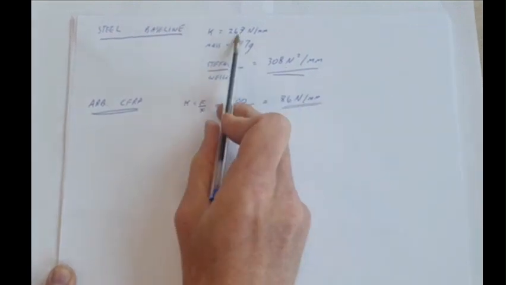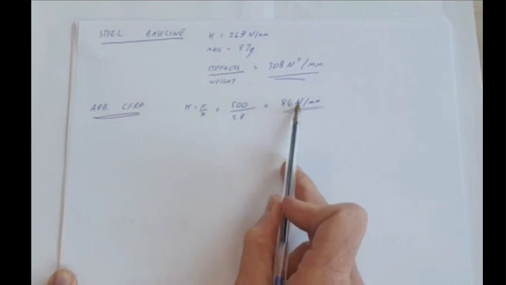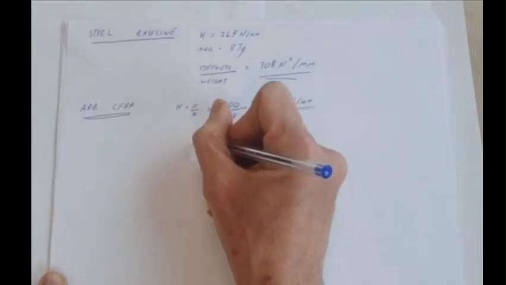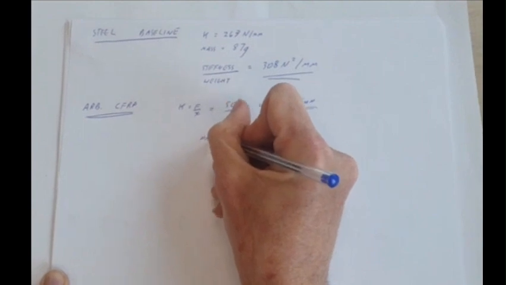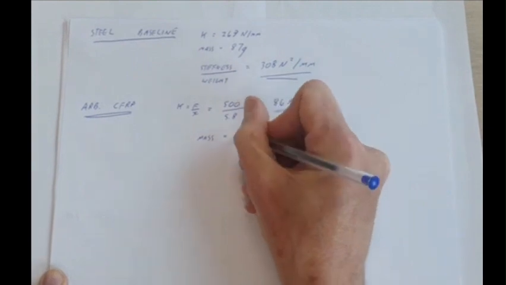Okay, so stiffness. We can see the stiffness of the steel structure is much higher than the stiffness of the carbon fiber structure. Okay. However, let's now consider mass. Now our mass was 29 grams.